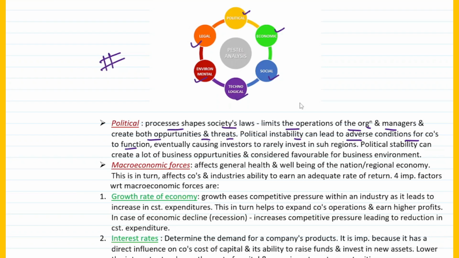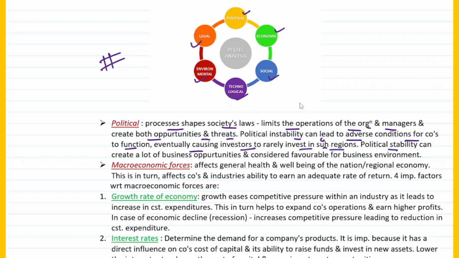So that may prove to be an adverse condition for the company, eventually causing investors to not invest in such regions. Fine. That's very obvious, because if the political condition of a country is very unstable, investors will not invest in such companies or any companies which belong to that particular region.